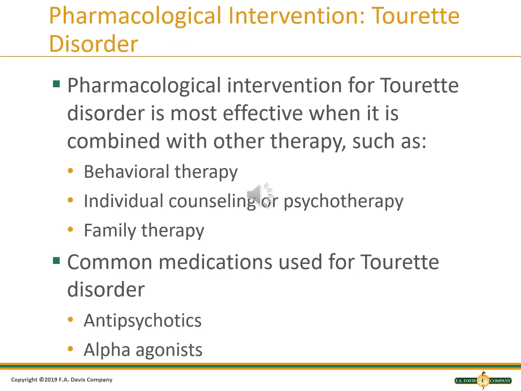Pharmacological interventions for Tourette's disorder. The pharmacological interventions for Tourette's are most effective when combined with other therapies such as behavior therapy, individual counseling or psychotherapy, or family therapy. Common medications used for Tourette's disorder include antipsychotics and alpha agonist drugs.